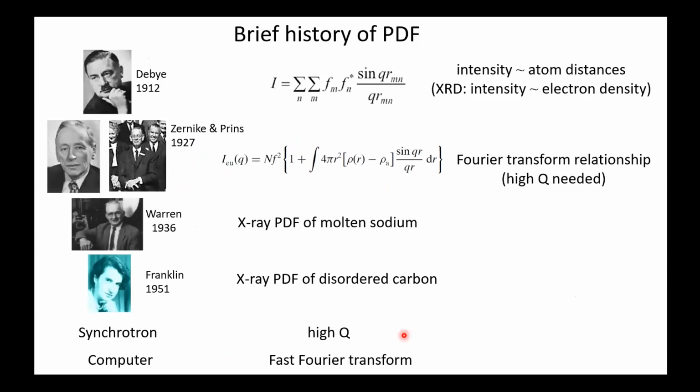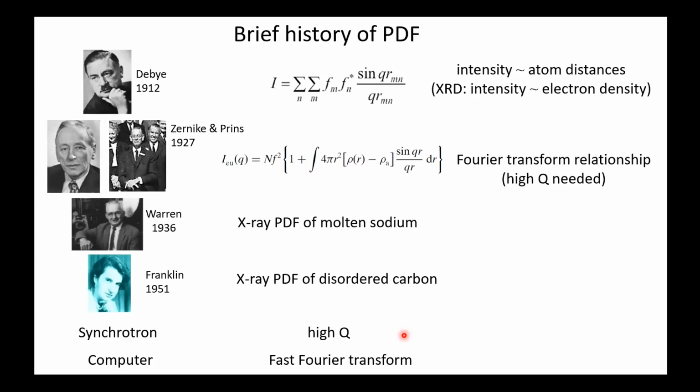I also want to give you a flavor of the history of PDF. The PDF itself, in fact, evolved a long way, starting from the early 20th century, more than 100 years ago. Already from those phases, you can see the history of PDF involves famous figures like Debye or Zernike.